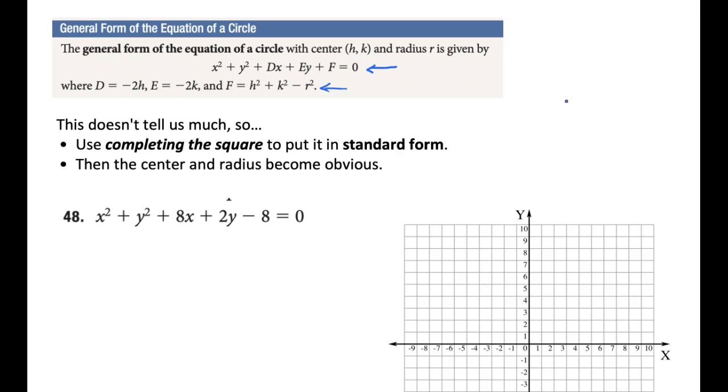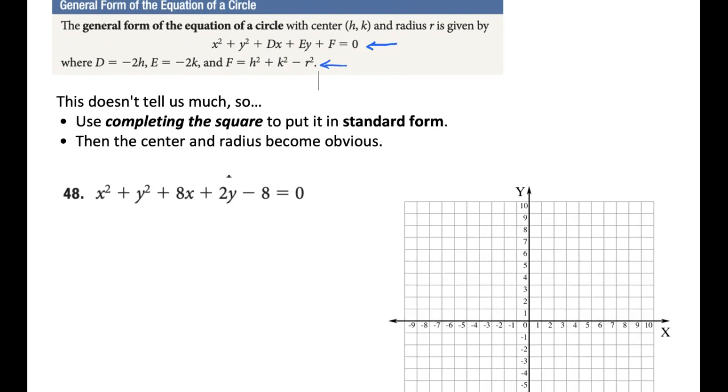So this isn't a super useful equation for some things, but for other things it is. And so we're going to look at taking this, because it's not very useful. I can't look at this and easily see the center and the radius. So it's easier to take this and put it into standard form. So this is general form. We would like it to be in standard form so we can find the center and the radius.